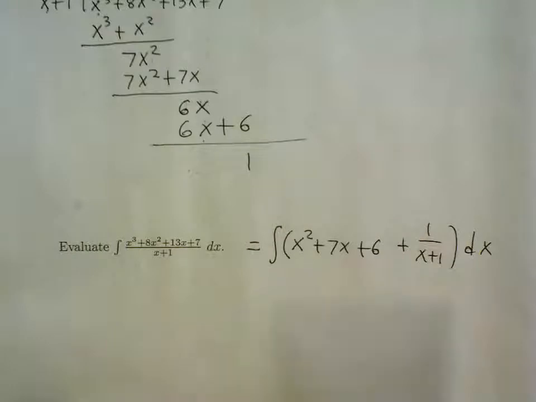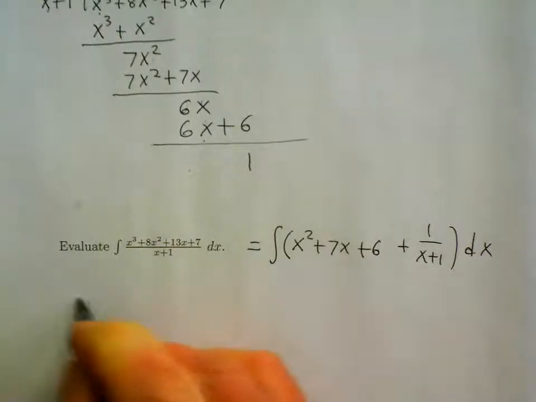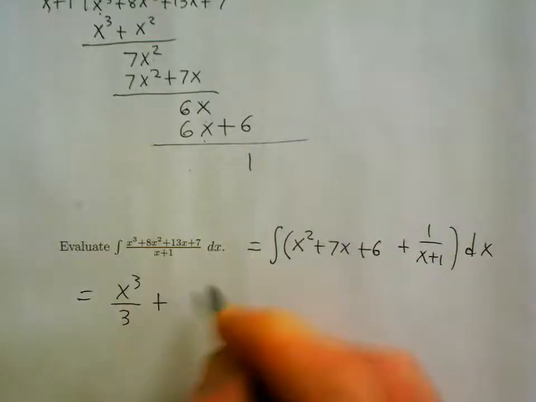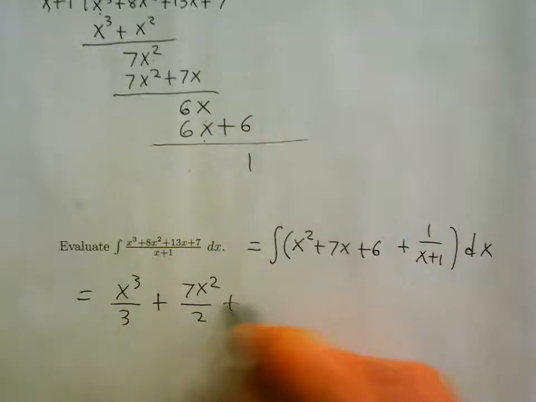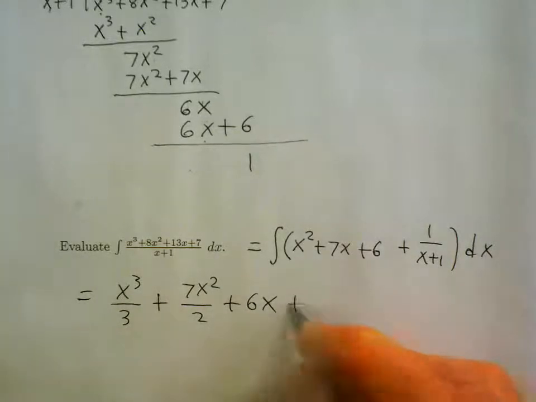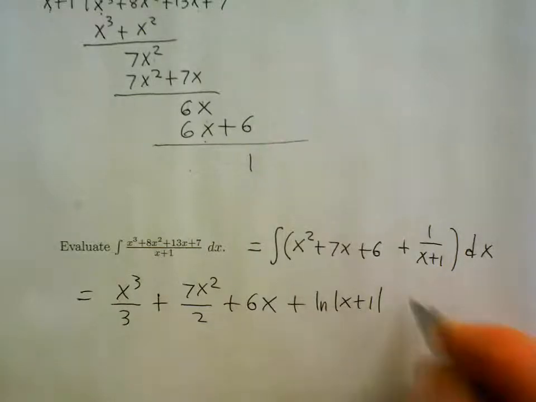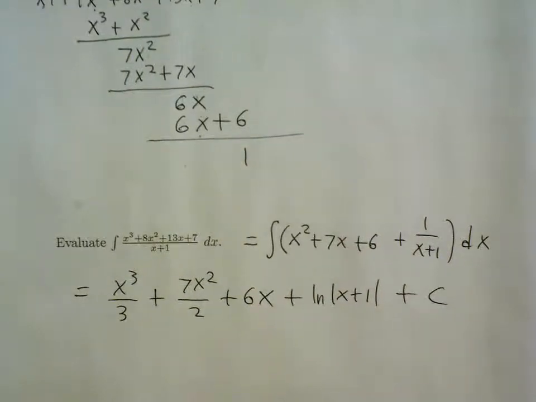And this is a pretty simple integral to evaluate. We just get x to the third over 3 plus 7x to the second over 2 plus 6x plus the natural log of the absolute value of x plus 1. Pretty simple. Okay, we'll go on to the next level.